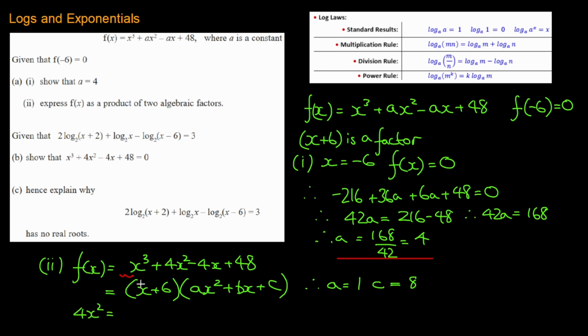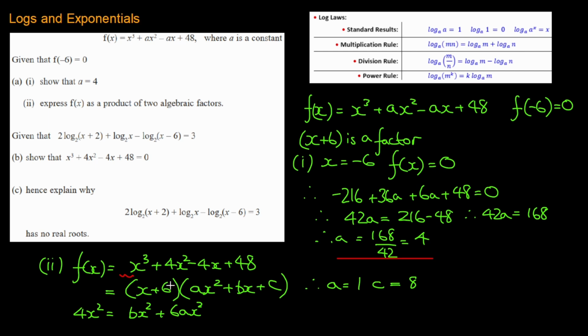That's what we need to find. x times ax squared generates an x cubed term. x times bx, yes, that does generate an x squared term, and it becomes bx squared. x times c, no. Now we try the 6. 6 times ax squared, yes, that does generate an x squared term, and it's 6a x squared.